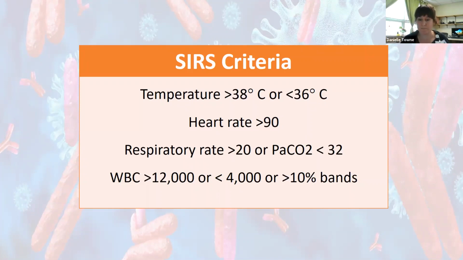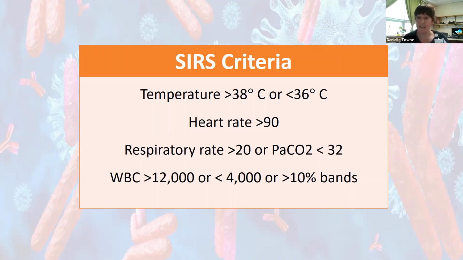SIRS itself is a form of dysregulated inflammation, okay? So previously, again, it was defined as abnormalities in 2 or more of these things, but because it can be related to things that are non-infectious, like autoimmune disorders, pancreatitis, thromboembolisms, burns, surgery, those are some other things that could cause you to come positive on SIRS criteria. We tend to just not use it anymore.